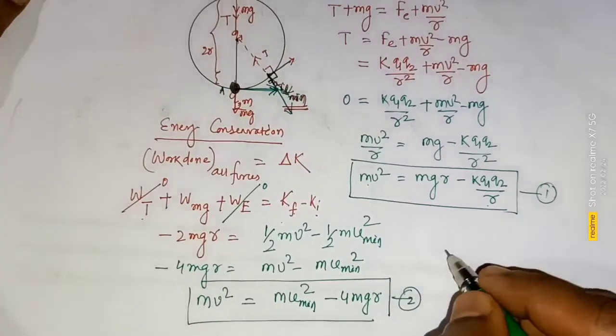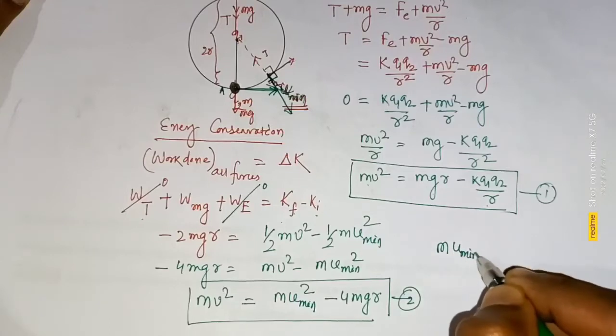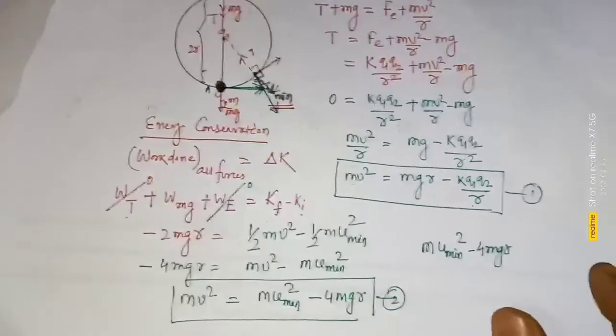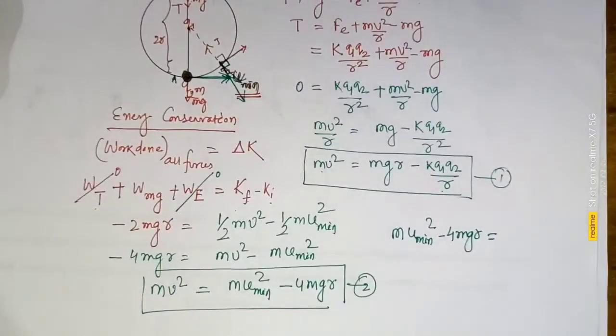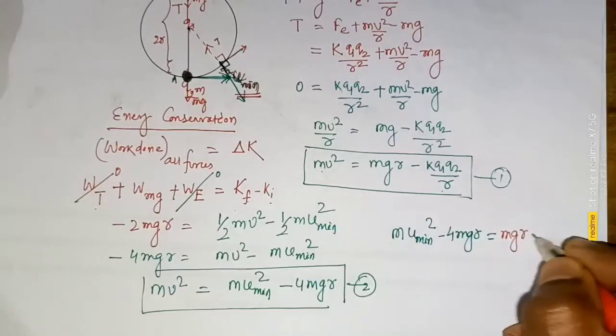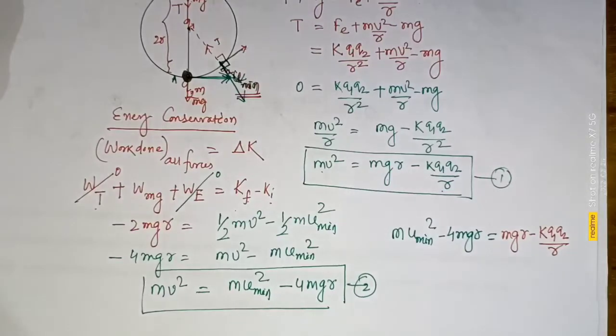So m u minimum square minus 4mgr equals mgr minus kq1q2 upon r.